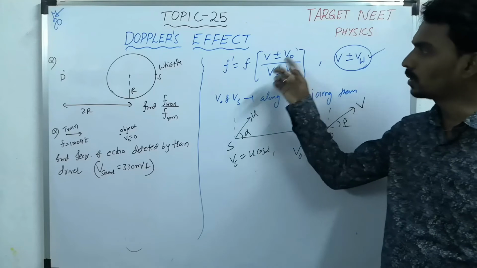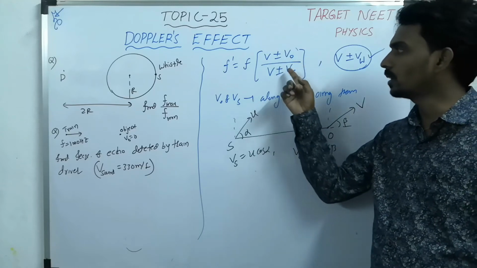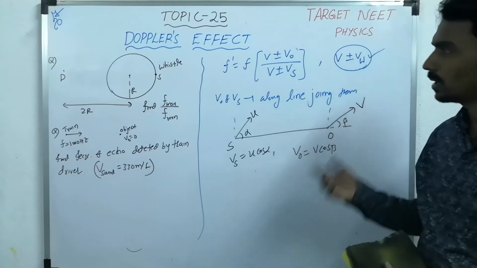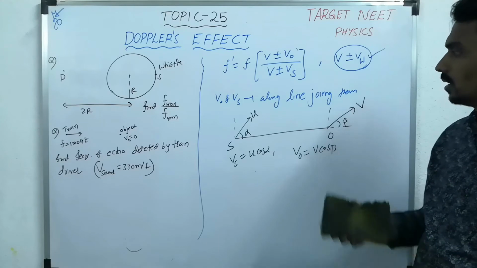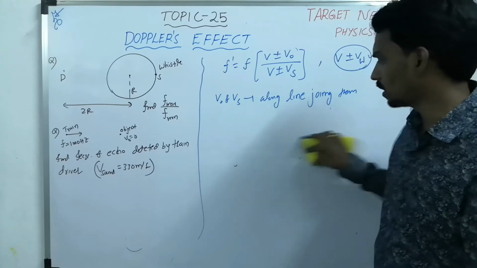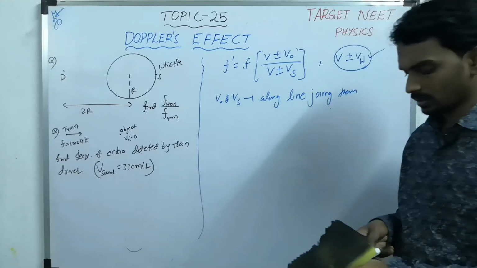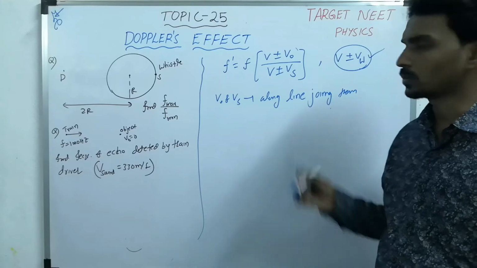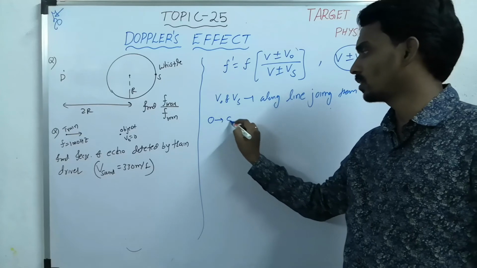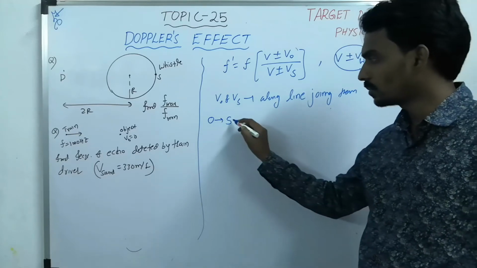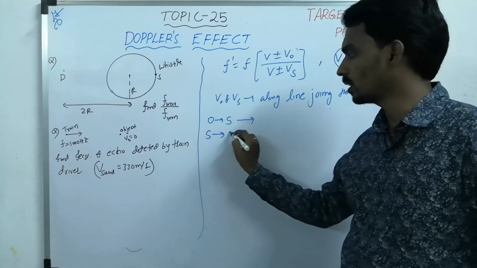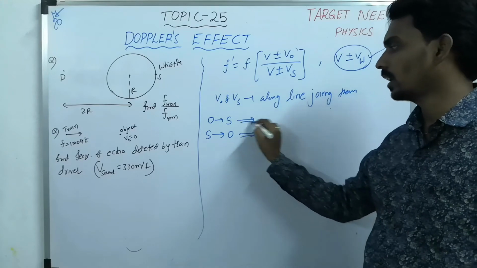After that, when you look at the formula, in the numerator and denominator there is a plus or minus. So when to take plus, when to take minus? Use logical and sensible thinking to understand that. Suppose the observer is approaching the source, or the source is approaching the observer.